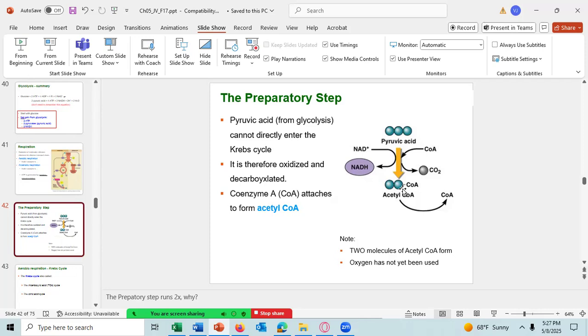Two molecules of acetyl coenzyme A form from one molecule of glucose, because in glycolysis, one molecule of glucose makes two molecules of pyruvic acid, and that's why the preparatory step will run twice for each molecule of glucose. Any question about any of that? All right.